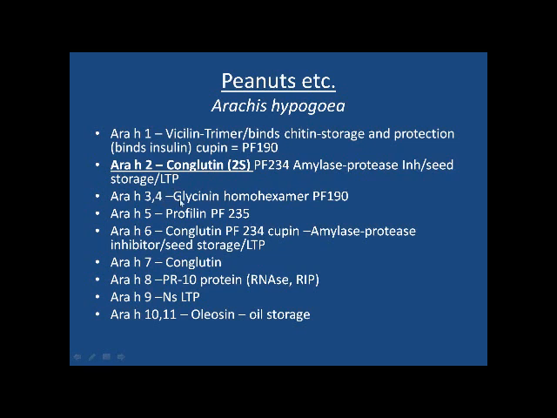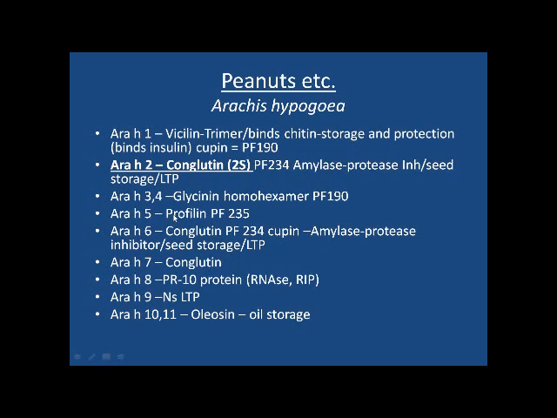Ara h 1, 3, and 4 are very similar proteins, but this glycinin, which is sort of like vicilin, forms a homohexamer, very large, and it hangs around the gut for a very long period of time because of this.